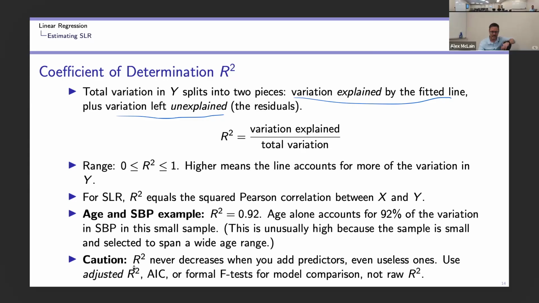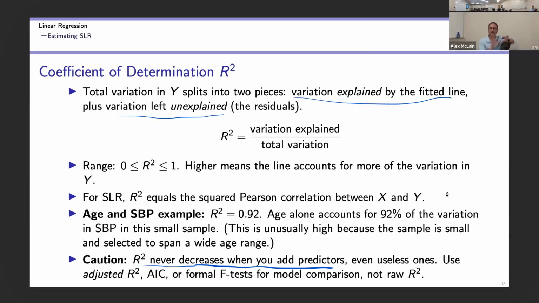R squared never decreases when you add predictors. If we start off using age to explain systolic blood pressure, and then let's say we throw in another predictor variable, for example, are you a Knicks fan? Great Knicks fans, great people, as we all know, but is it related to systolic blood pressure?